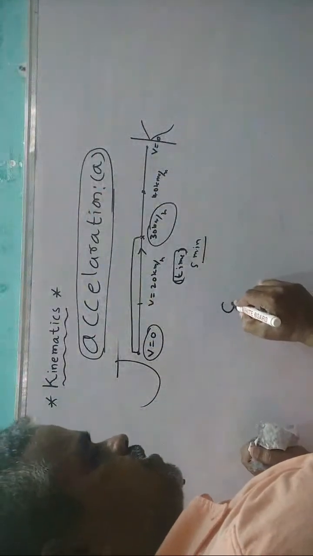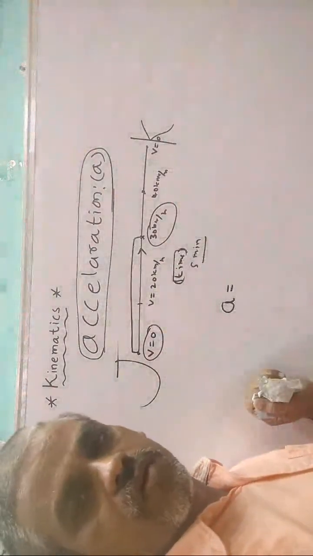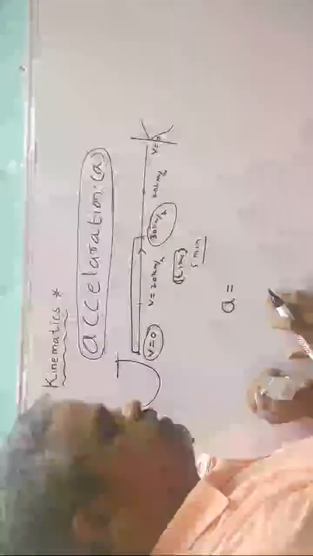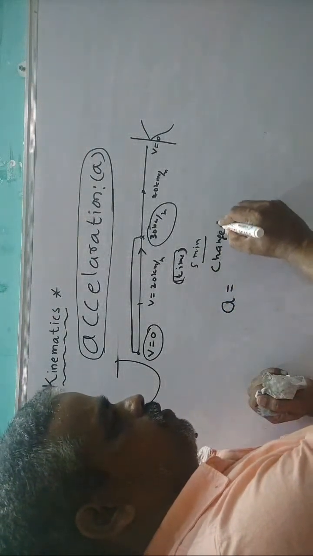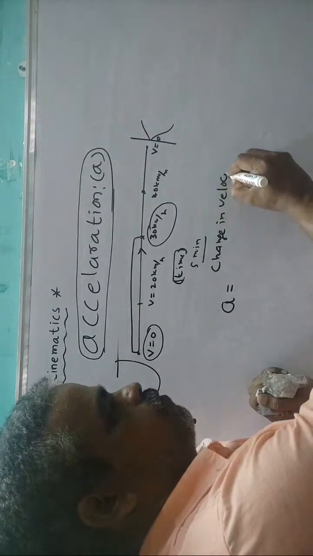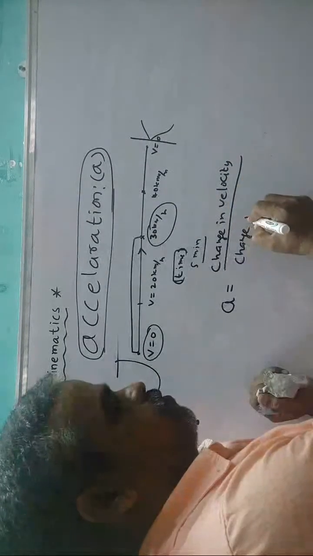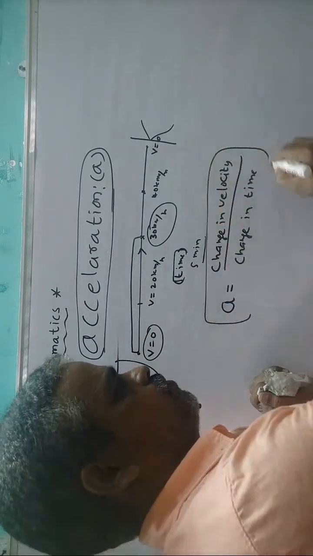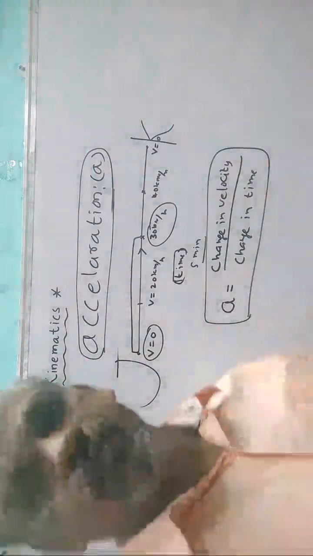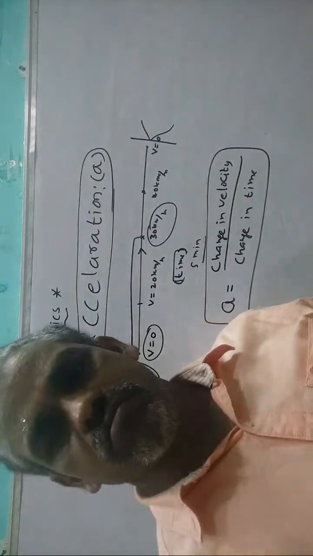So acceleration we are denoting with small a. That is equal to change in velocity by change in time. This is a simple concept. Regularly you are observing it. If you take a bus, the accelerator is there.